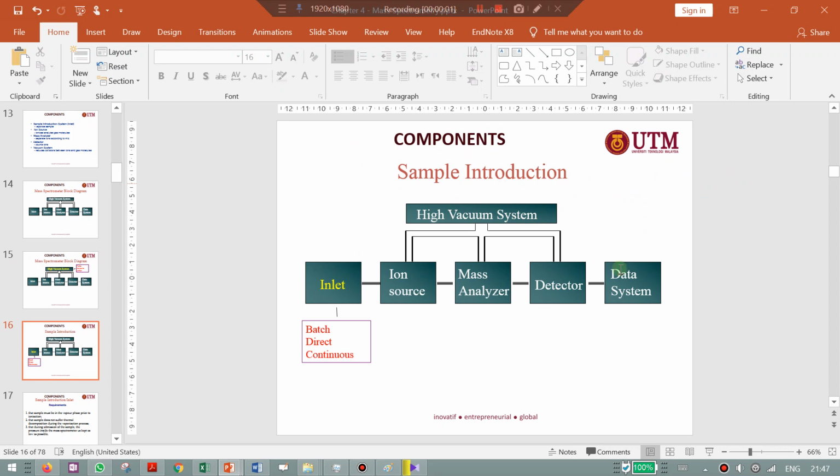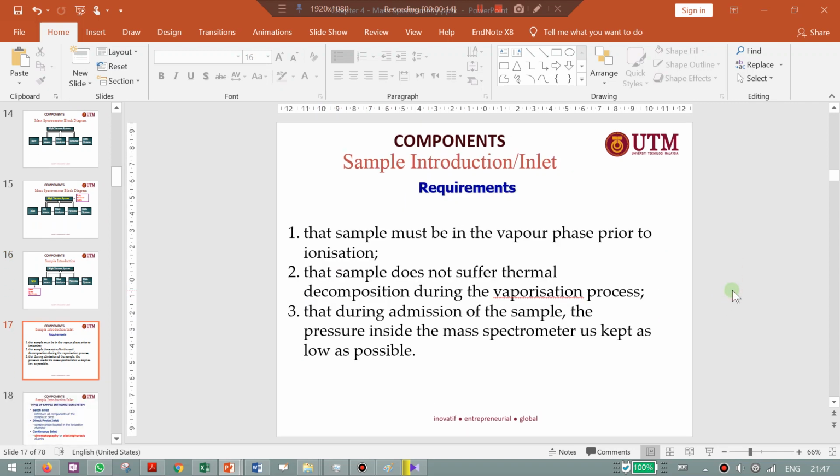Alright, on to the next slide. We will learn about the inlet. The inlet is divided into 3: batch, direct, and continuous. The inlet focuses on the sample introduction.